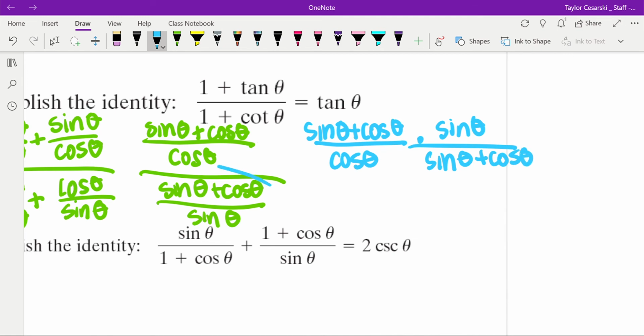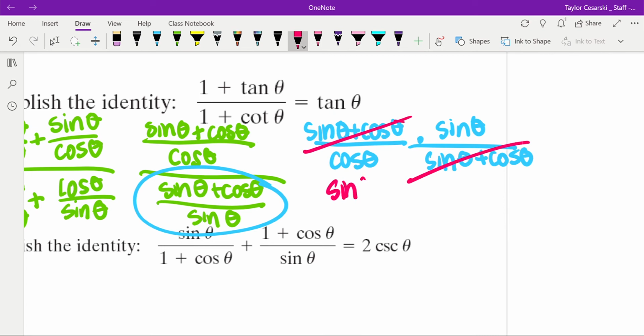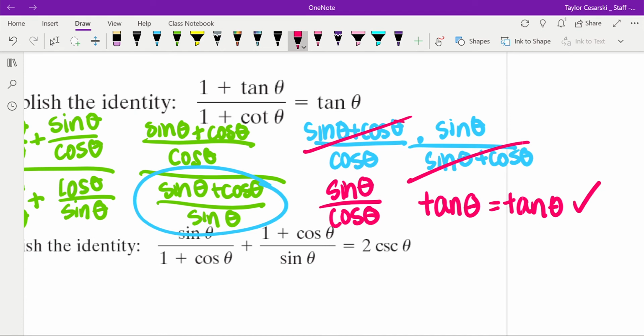Remember, this guy right here has got to flip. I see this on both the top and the bottom, so I can cross it out, and I end up with sine of theta over cosine of theta, which is just tangent of theta. Tangent of theta equals tangent of theta on my right side, so therefore it's equal, and I proved it.